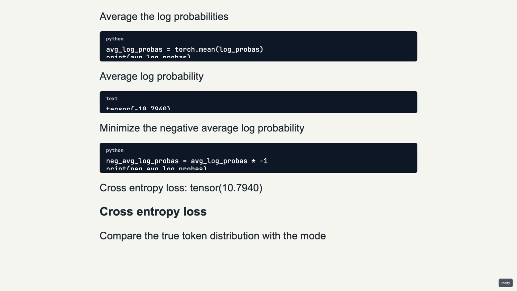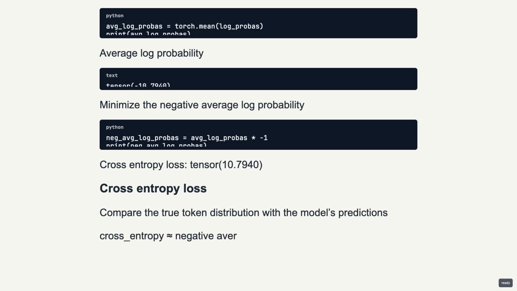The true labels and the predicted probabilities are treated as distributions. Cross-entropy tells us how far apart those distributions are, token by token. For discrete tokens, PyTorch's cross-entropy is effectively the same quantity we just computed manually. That is why the two terms are often used almost interchangeably in practice.